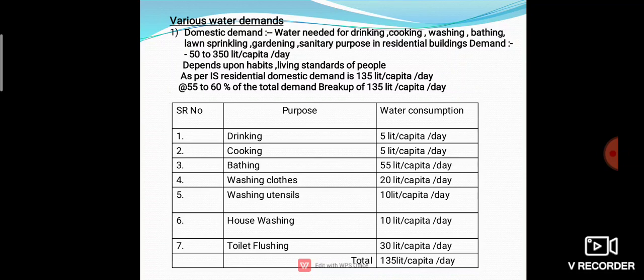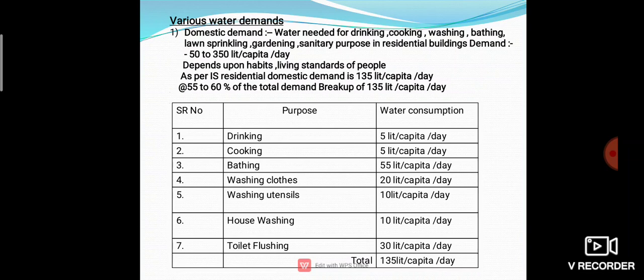Those methods we are going to learn in this session. So rate of demand means Q upon P by 365. In that formula, P means the estimated population to be served by whatever supply scheme. So this is the main point, rate of demand.